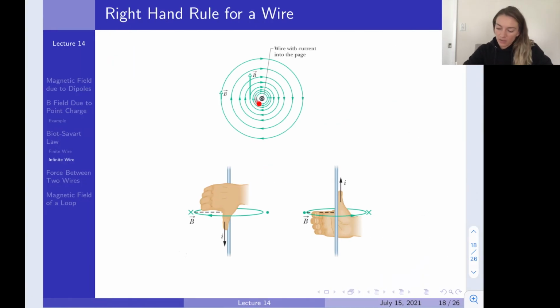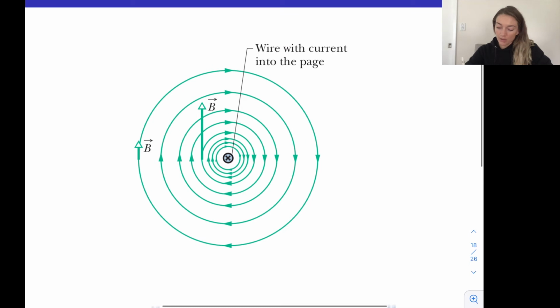So if we're looking at a magnetic field, this x here means that the wire is going into the page, so we're looking at a wire that's going away from us. The magnetic field we see will be curling around this wire in a clockwise direction. And that's the case for every wire. The magnetic field curls around it in concentric circles.